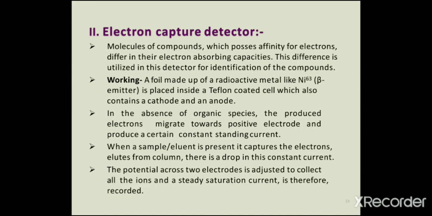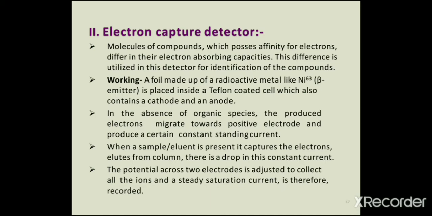In absence of organic species, the produced electron will migrate towards the positive electrode, and it will produce a certain constant standing current. So if there is no organic species, then there will be the constant current, because electrons will move towards the positive electrode.